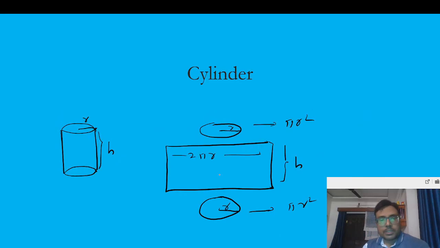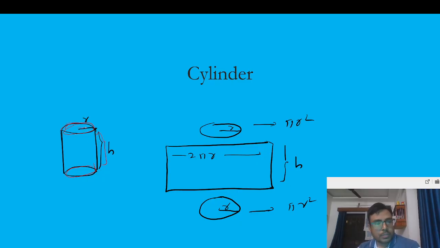Now for cylinder, so this is how a cylinder looks. If you make a roll of paper and make a cylinder and you open this, so this is the upper circle, this is the lower circle, this is the radius and this is the height.